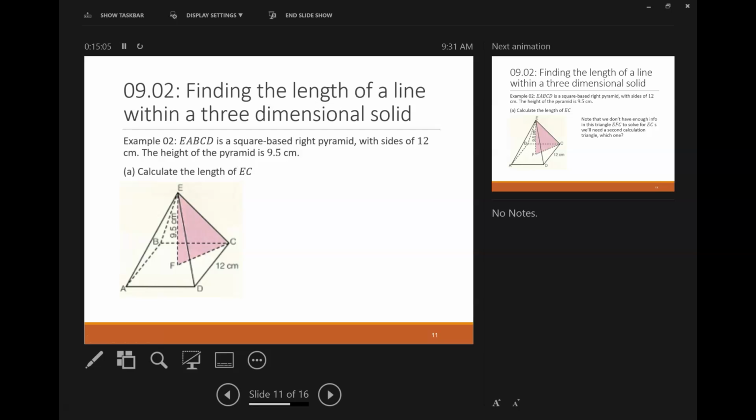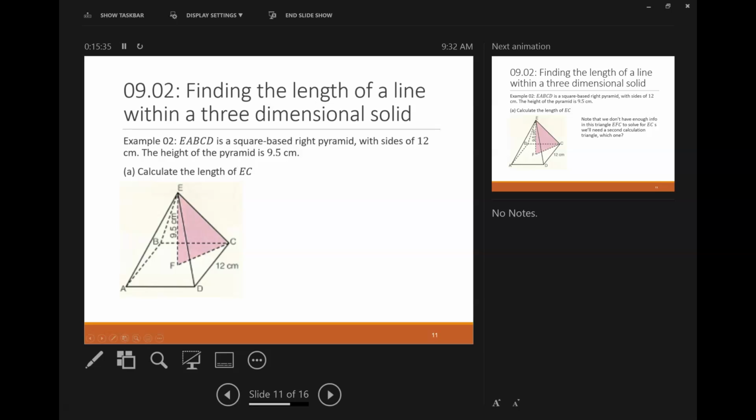How many sides of this triangle do I know? Just one, right? I just know the height. So I'm also going to have to solve for which other side before I can get EC? I also need FC, right?